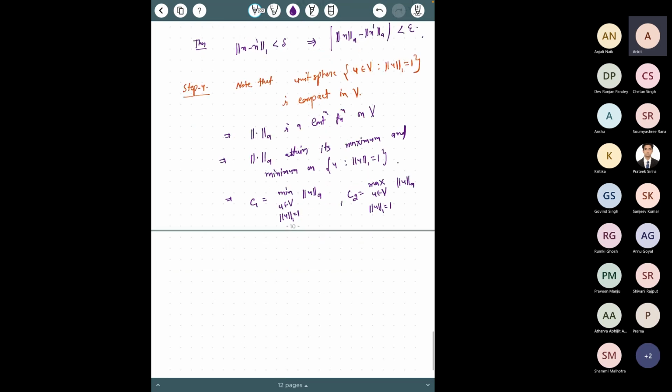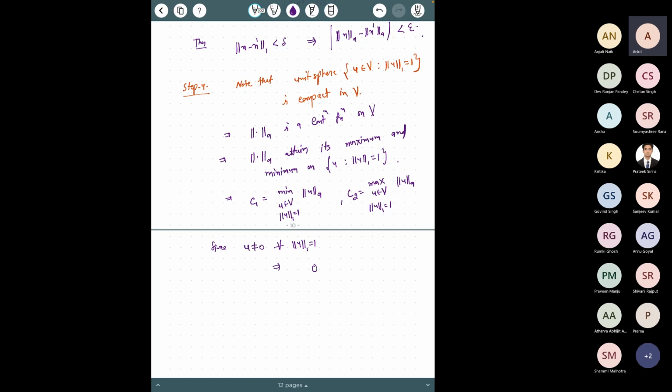Now clearly, since u belongs to this sphere, the norm of u is 1, so u is not equal to 0 for all u such that one norm of u is 1.